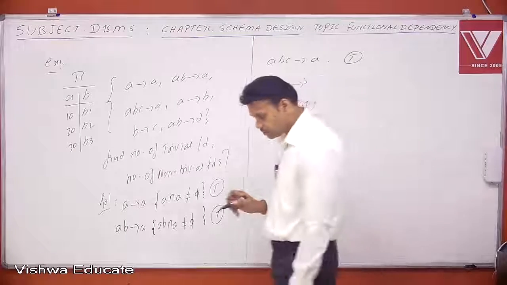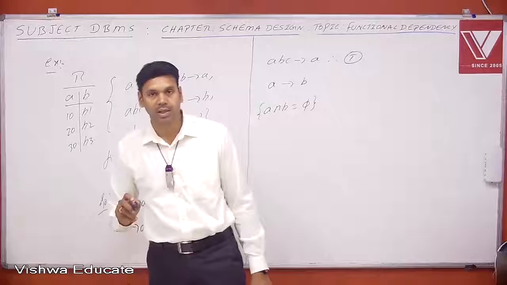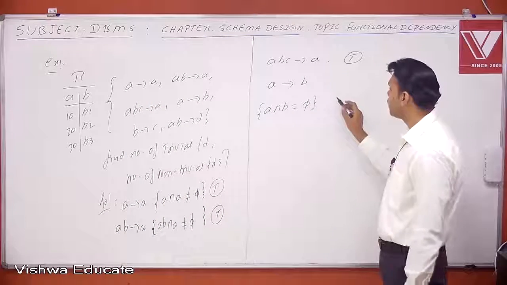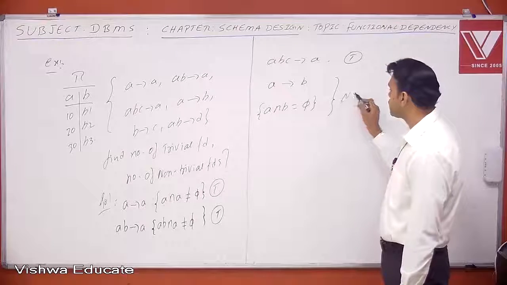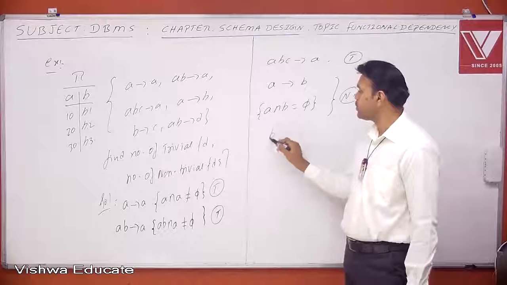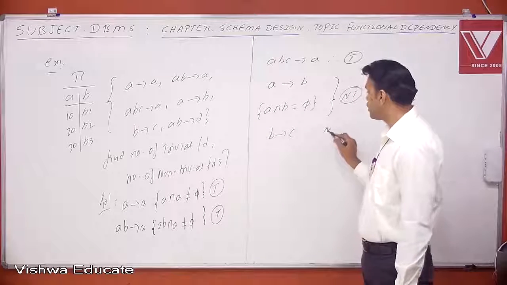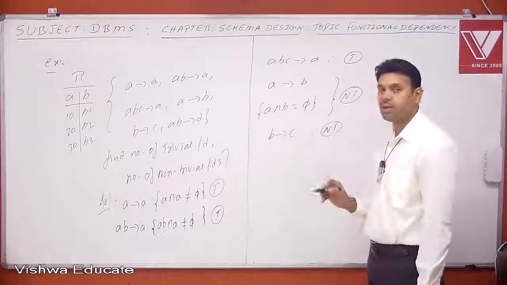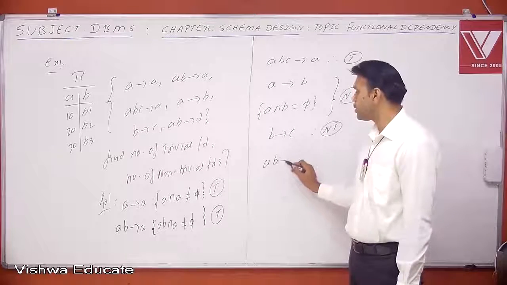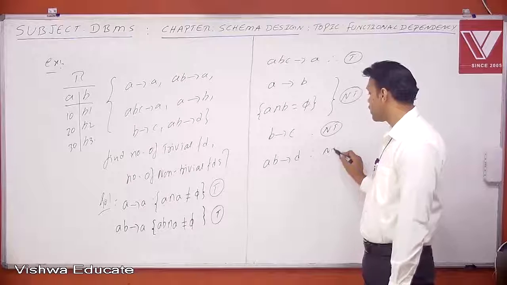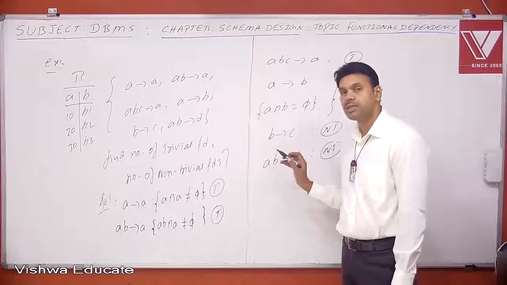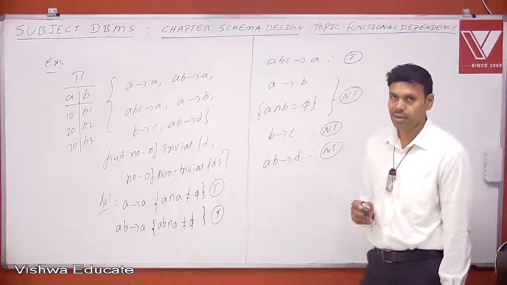See the condition: if alpha intersection beta is equal to phi, when there is nothing common between them, I can write this in the non-trivial category. And the next one, B tends to C. This also comes under non-trivial because beta is not part of LHS. And the next one, AB tends to D. It also comes under non-trivial. Why? Because the RHS is not part of LHS.